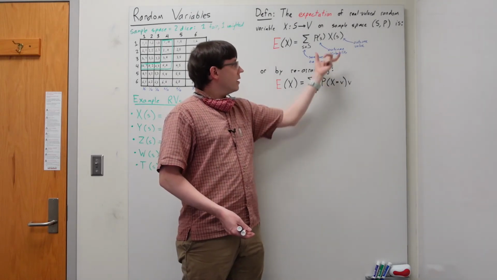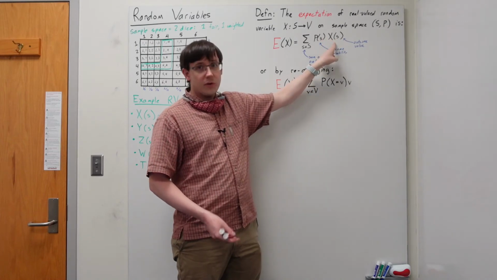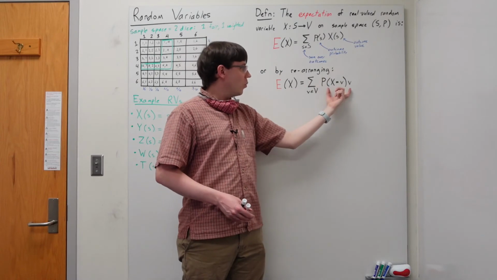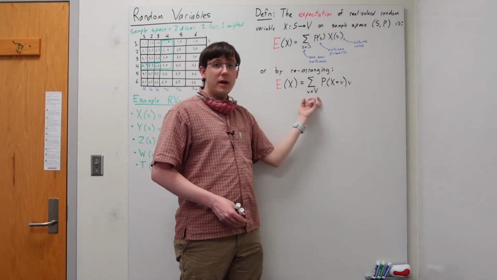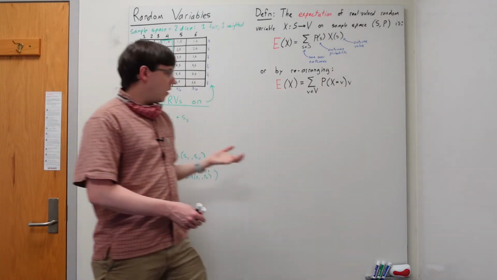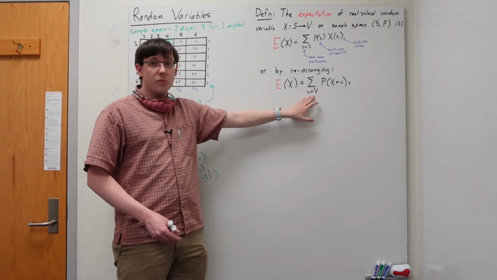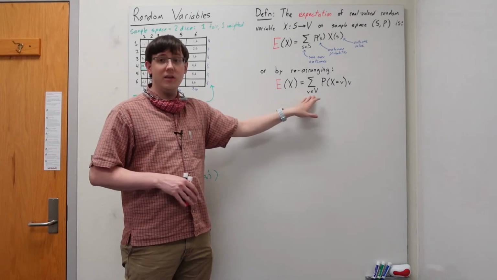And so gathering up all of the terms with the same function output gives us one term of this sum, and in all of our examples here there are far fewer terms in this sum, so it's often easier to compute.